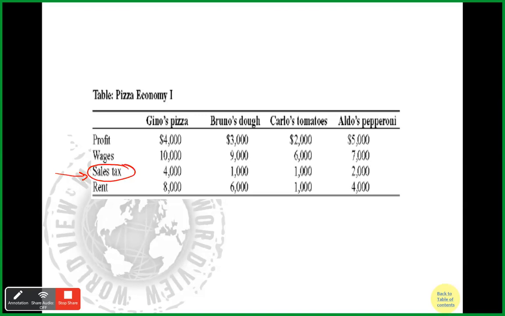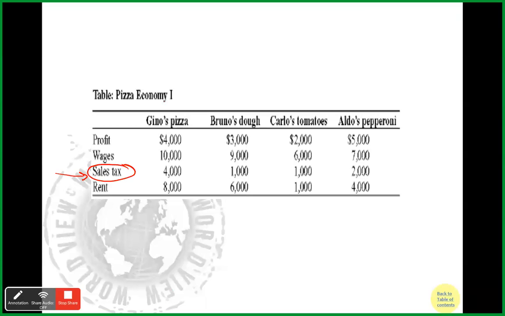You need to follow the discussion we had in the previous slides. Sales tax is not income. That's the only thing I want to emphasize. I leave that for you to study. This probably is going to show up on the homework.